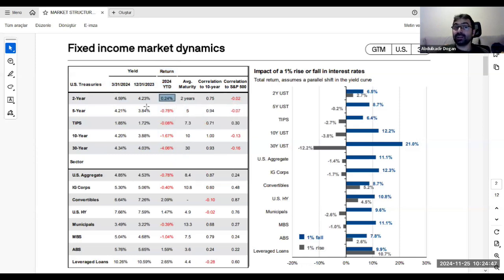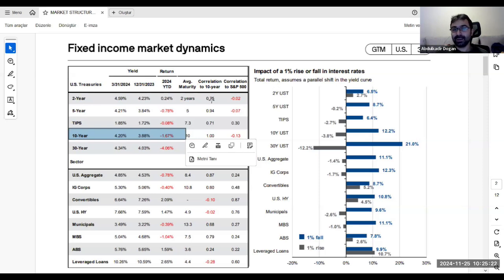But if you put your money in longer-term treasuries, it is approximately minus 0.8%. Or if you put your money in the United States 10-year treasury, you will lose approximately 1.6% until today. Why? Because inflation is decreasing and because the rate cut process started in the United States, you will lose your money.